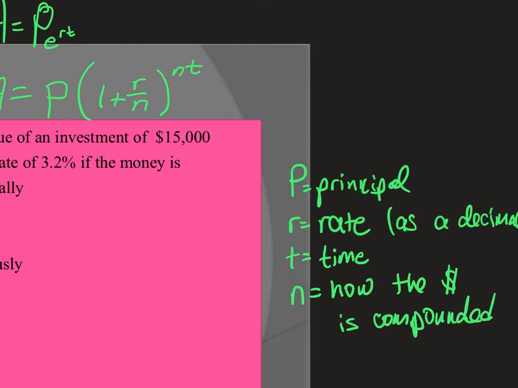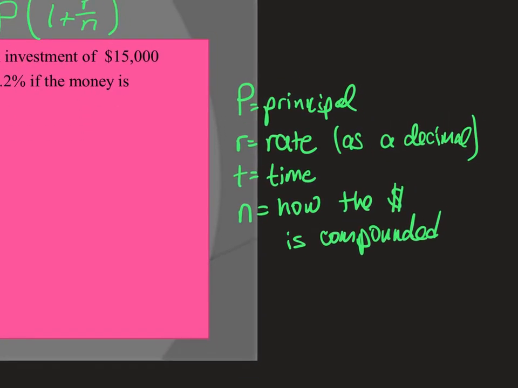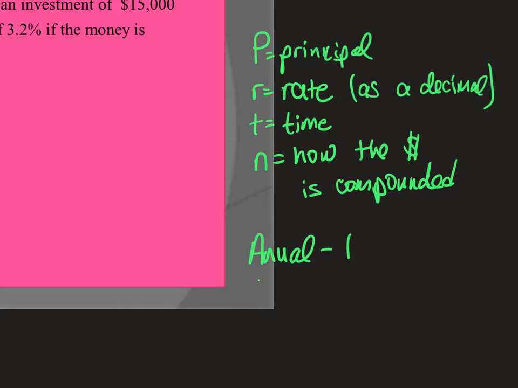You're going to have to be familiar with different words. If I say annually, how many times does something happen? Once a year. Semi-annually is how many times a year? Twice.